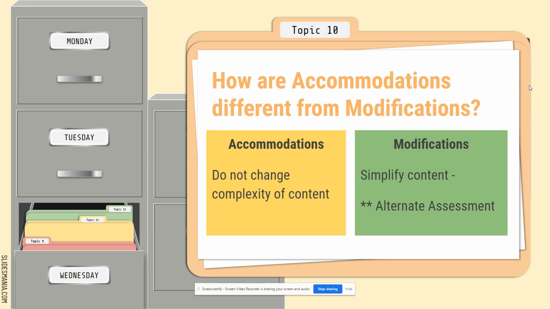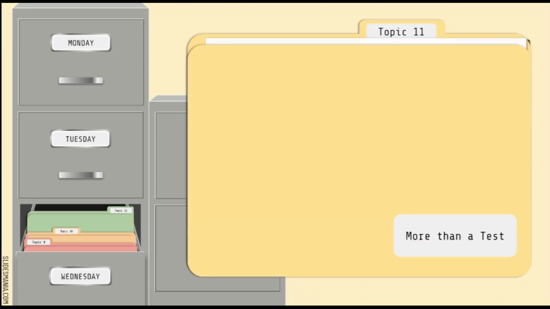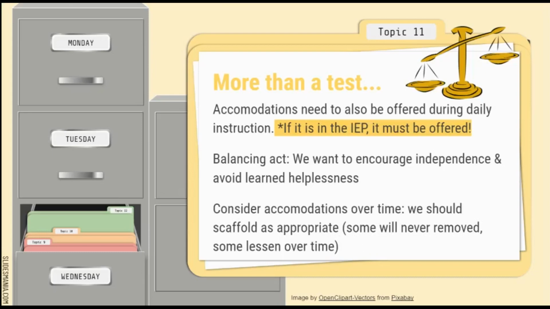So simplifying content, making a significant change to the content, is a modification typically used for students on alternate assessment. When we're thinking about accommodations, we're not changing the complexity, we're just providing access to the content in a different way.